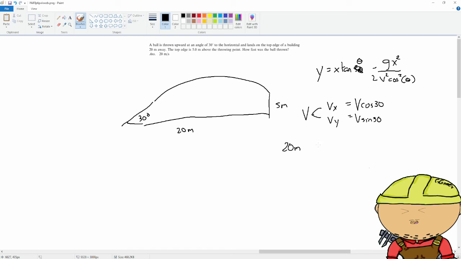It is said that the distance of 20 meters was reached by the ball thrown at 30 degrees. 20 meters, S is equal to Vx t, right? 20 meters is equal to V cosine 30 times time of flight.